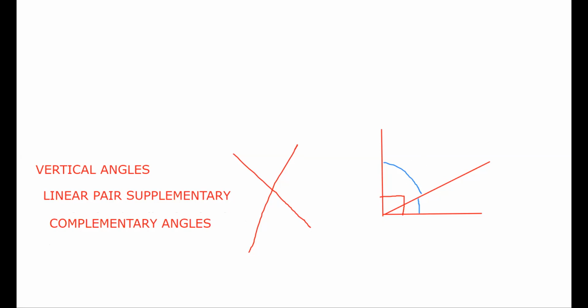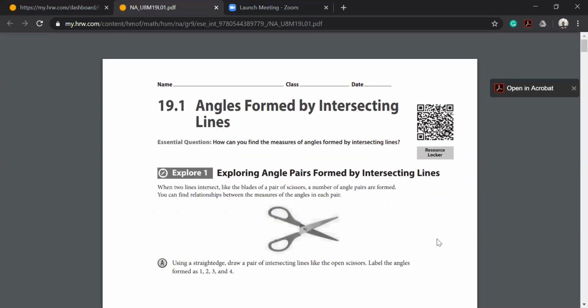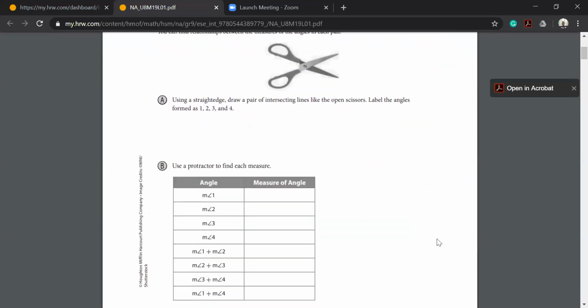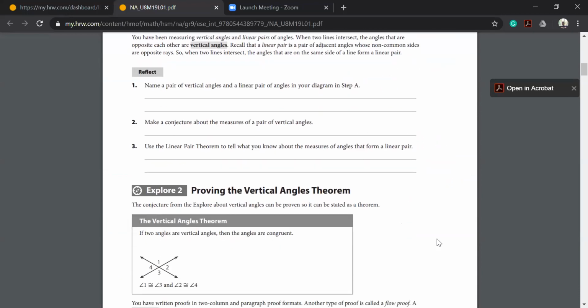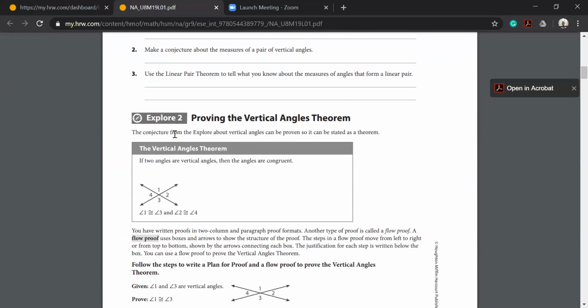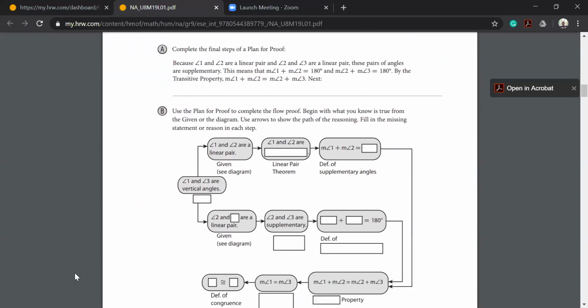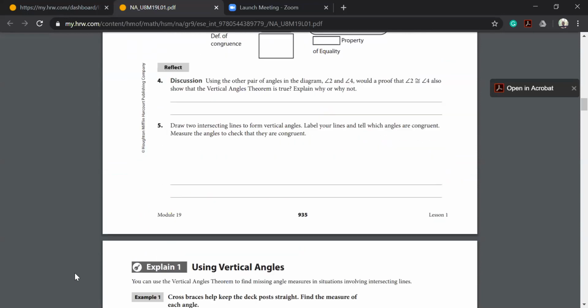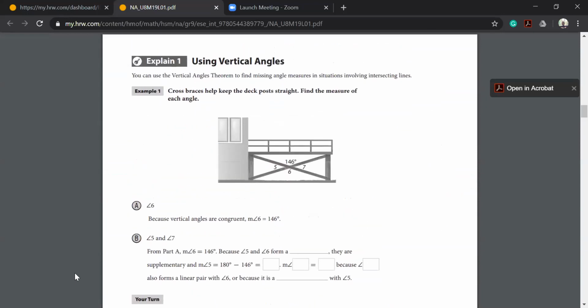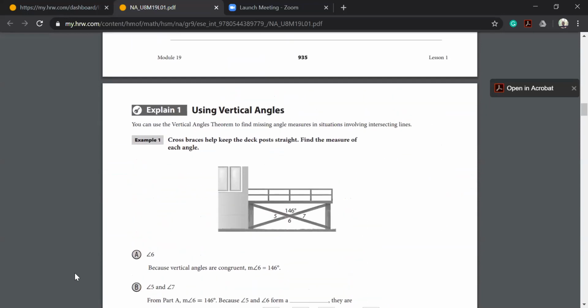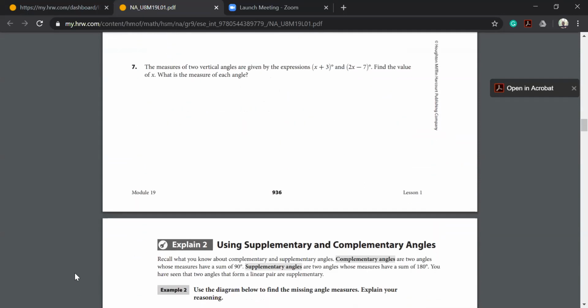Okay, very well. So this was what we took in this lesson. First of all, we were introduced to the vertical angle theorem, and we understood it, and we made a flow graph for it. And then we solved some problems about the vertical angles, and we know that the vertical angles are congruent.